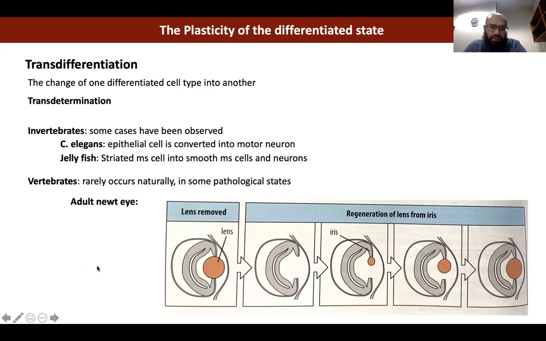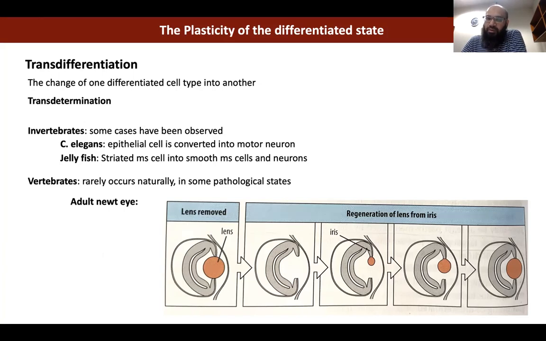In the adult newt eye, the newt is a salamander, it has a remarkable capability of regeneration, and we will study this regeneration in the next lecture in a little more detail: what the signals are and how this particular organism has this special property to regenerate almost all its organs.